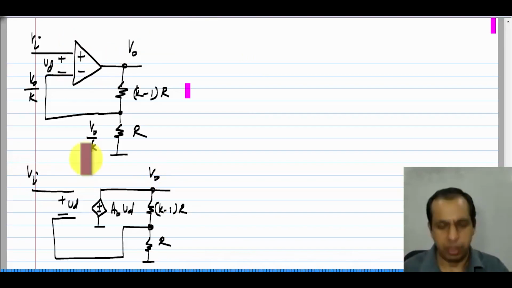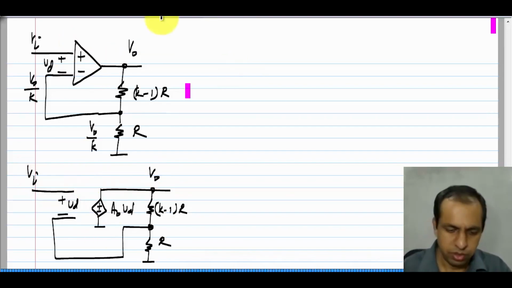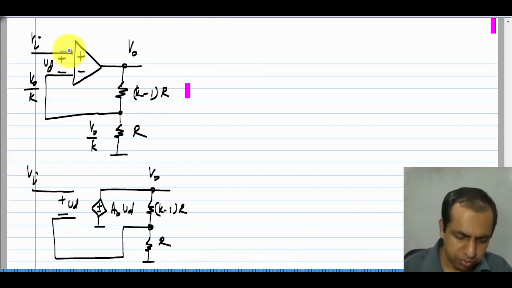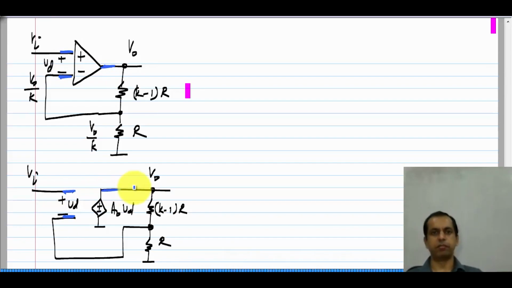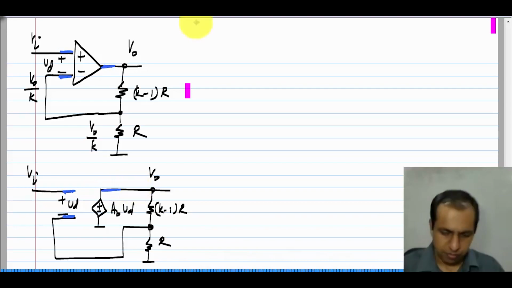I have simply substituted the op amp with the controlled source. The 3 terminals of the op amp here, here and there correspond to this one, that one and that one respectively. Okay. Now, this is a very simple circuit to analyze.